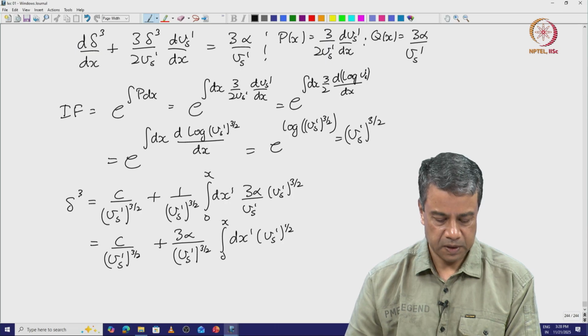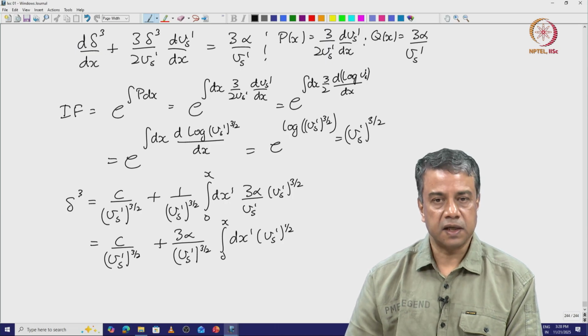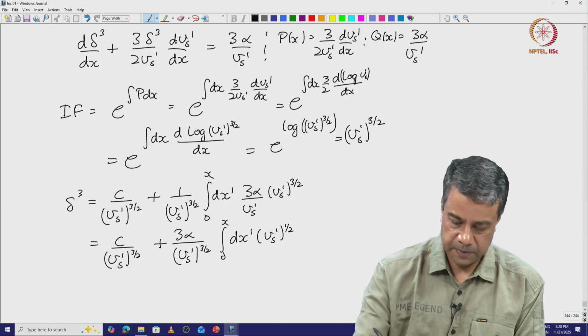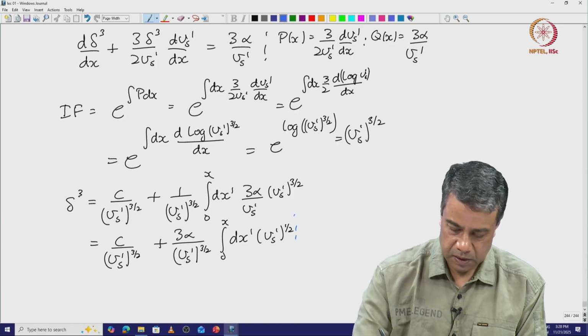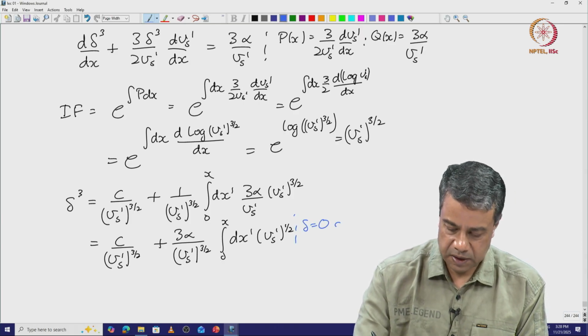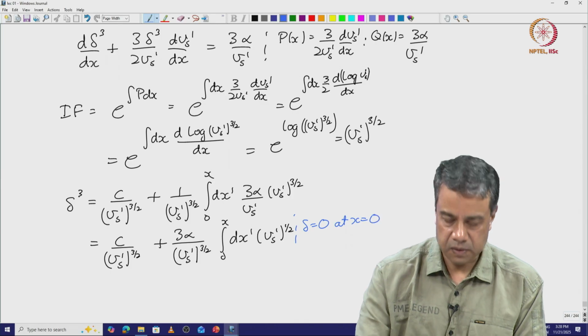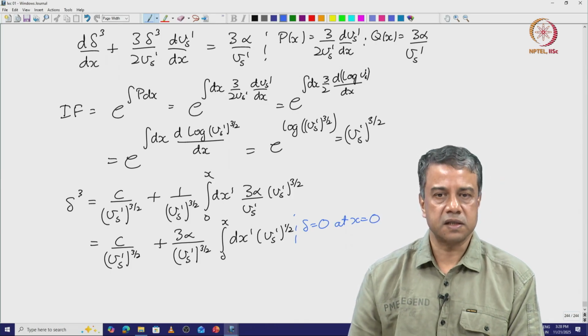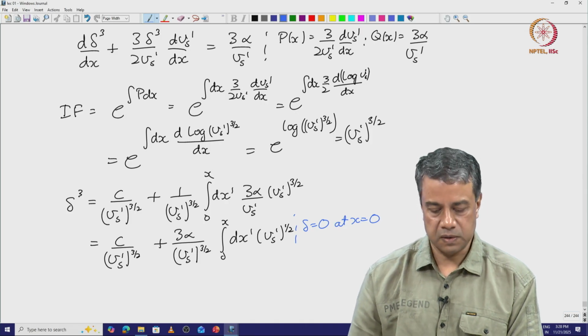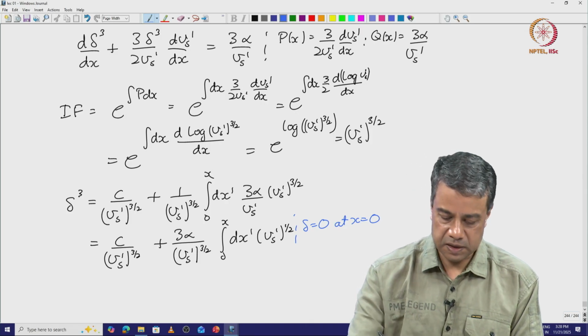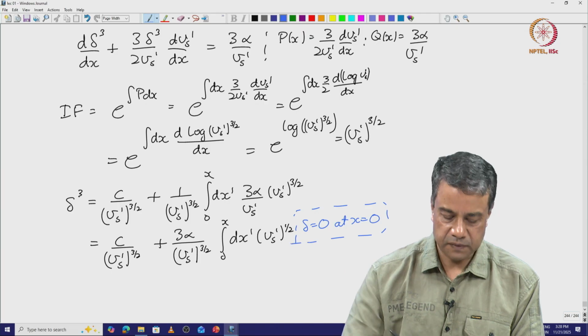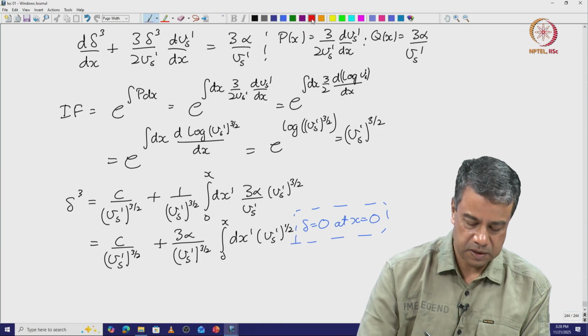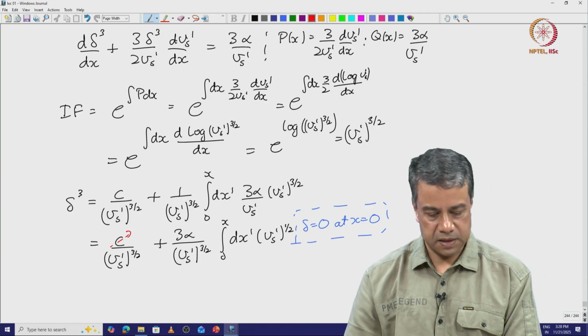The requirement that the boundary layer thickness delta is equal to 0 at x is equal to 0, where x is the start of the heating section. At the start of this heating section, the boundary layer thickness has to be 0. Therefore, the requirement that delta is equal to 0 at x is equal to 0 implies that c is equal to 0.